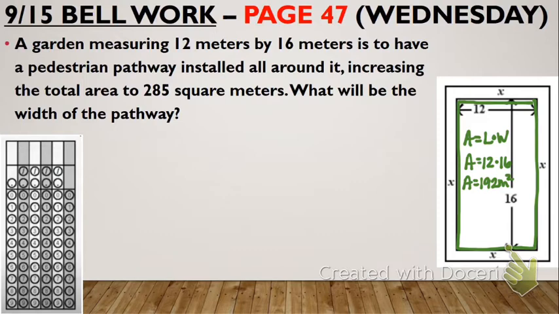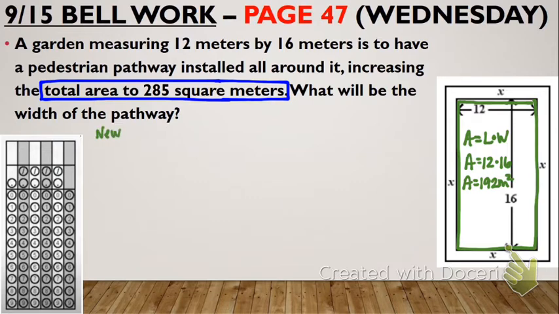All right. I know what the area of the whole thing is, because they tell me it's going to increase to be 285. And I know that means I would need to multiply the length and the width together.